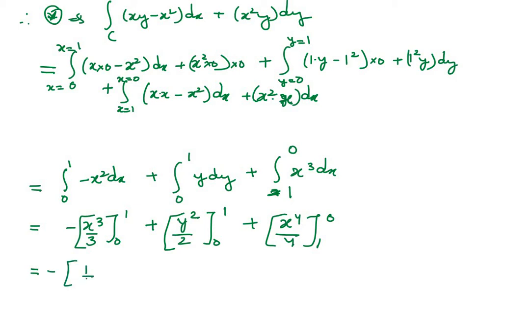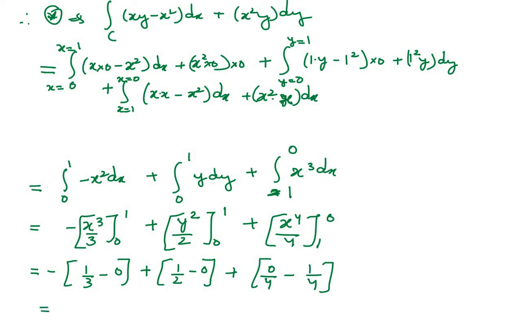So it will be 1 by 3 minus the lower limit, it will become 0 only. Plus here it will be 1, replace y by 1, then it will become 1 square will be 1, 1 by 2. Minus again y by 0. If you substitute the lower limit, then in that case it will become 0. Plus now here it will become 0 by 4 minus, since the lower limit is 1, so it will become 1 to the power 4 will be 1 by 4.